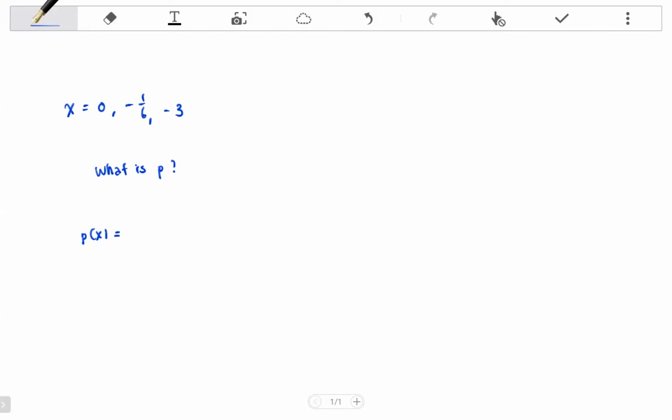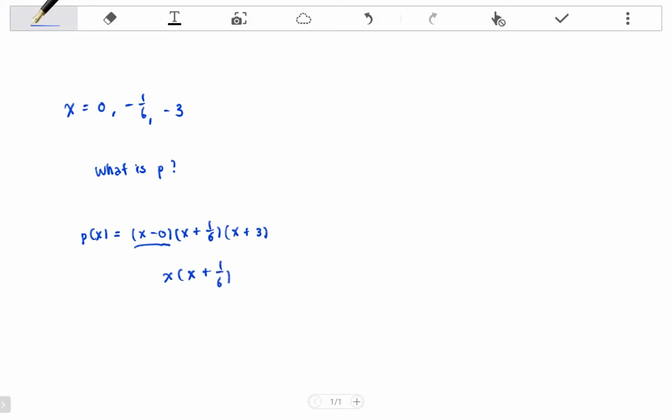Is it parentheses x minus 0 parentheses x plus 1/6 parentheses another parentheses x plus 3? You're okay. This is correct. There's nothing wrong about this, but usually we just write this as x.